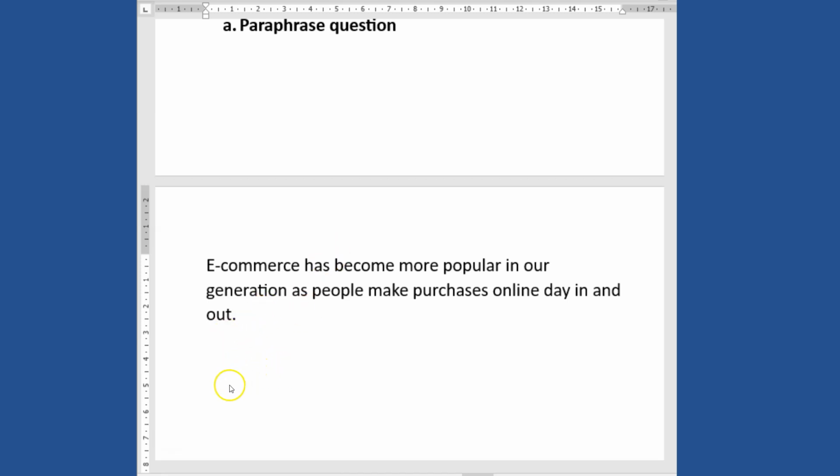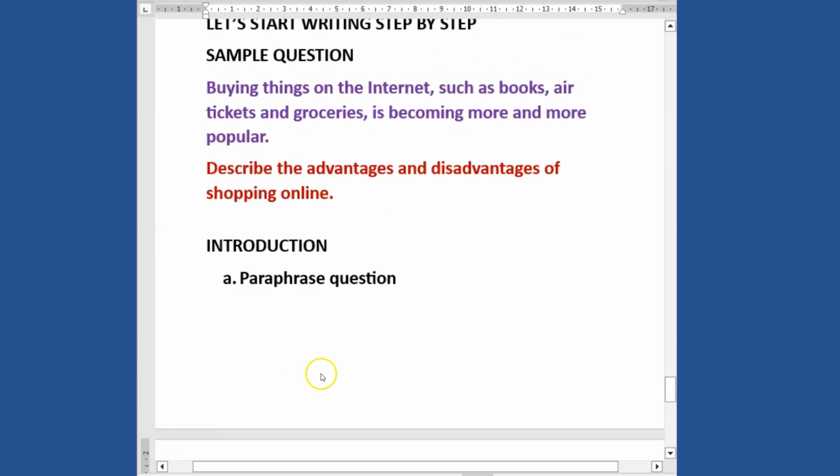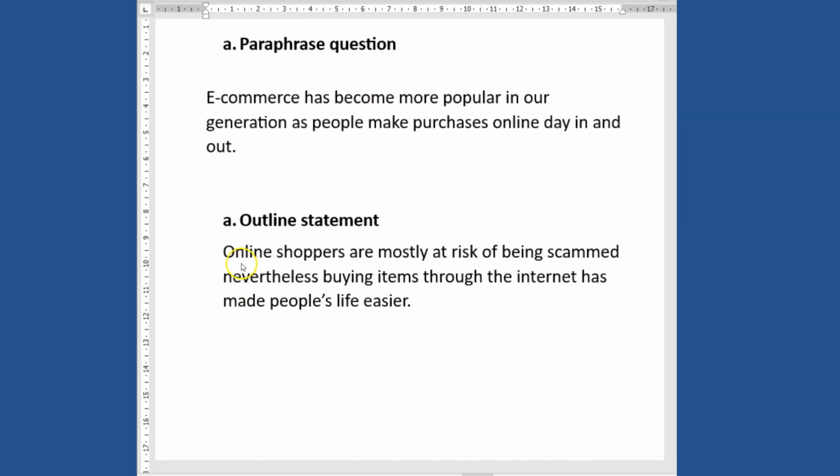After this, we go straight to our outline statement, since we are not asked to give any opinion. So this is our outline statement: online shoppers are mostly at risk of being scammed. Nevertheless, buying items through the internet has made people's life easier.